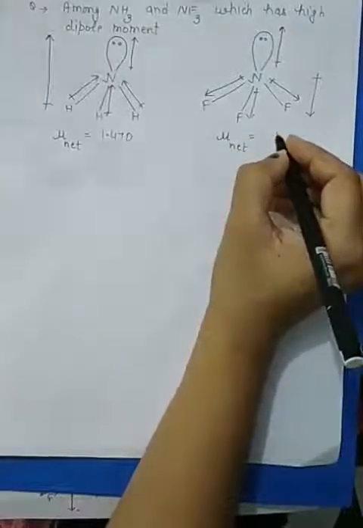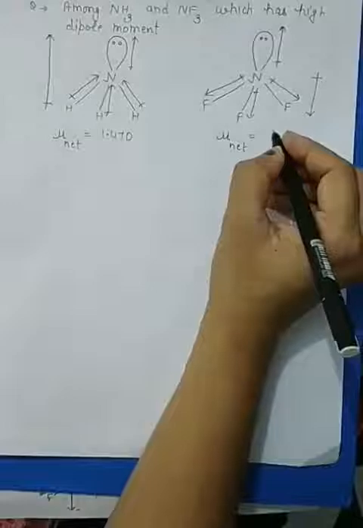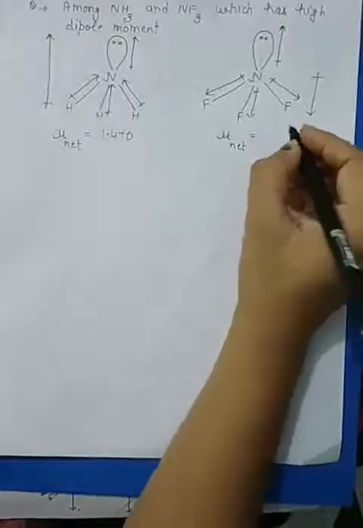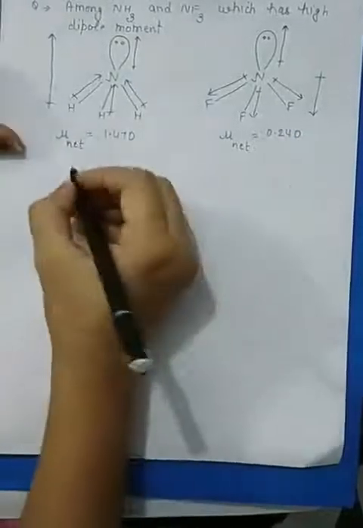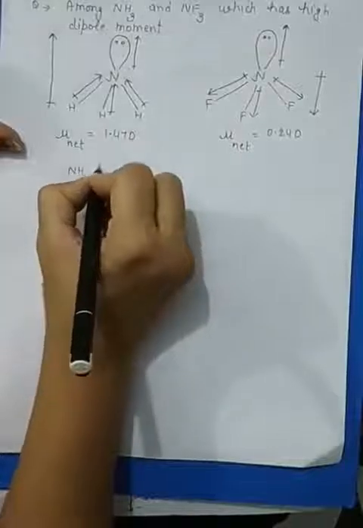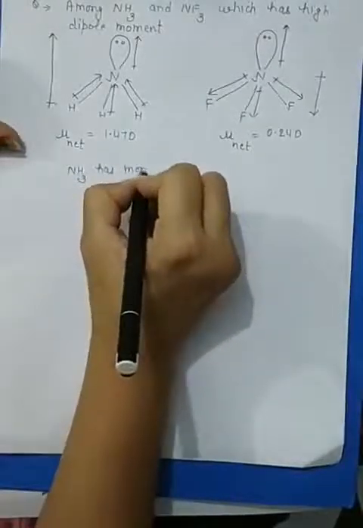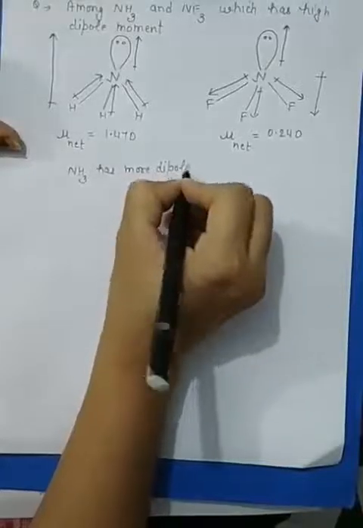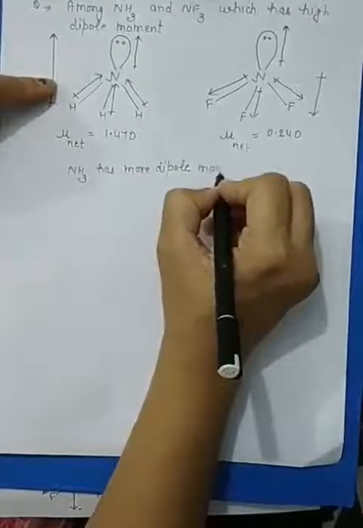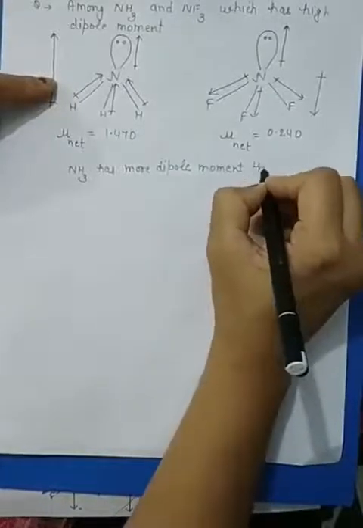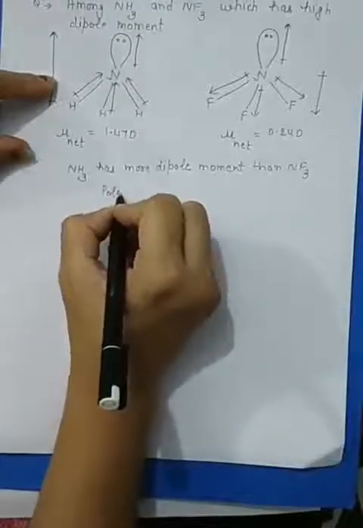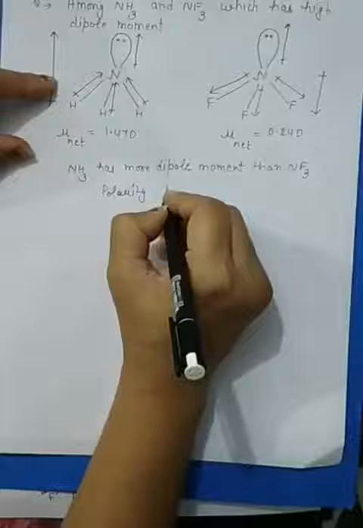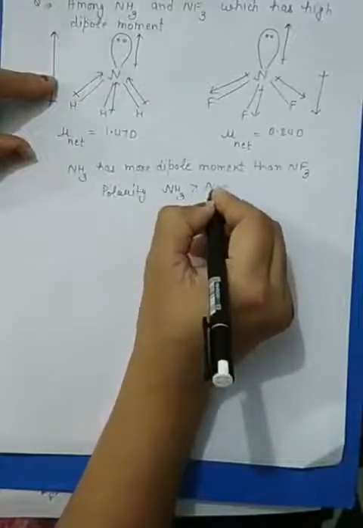And if we discuss the net dipole moment of this molecule, it is equal to 0.24 D. So according to this, NH3 has more dipole moment. It means NH3 is more polar than NF3.